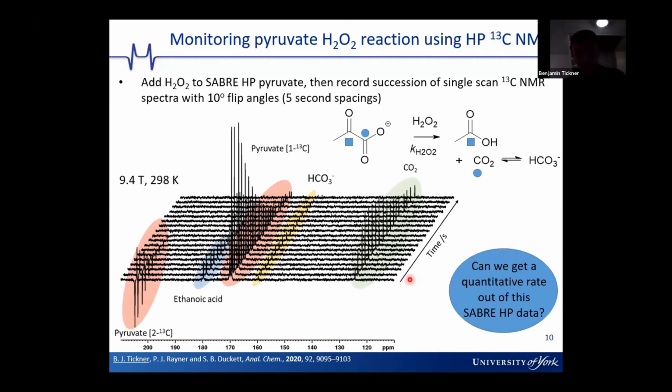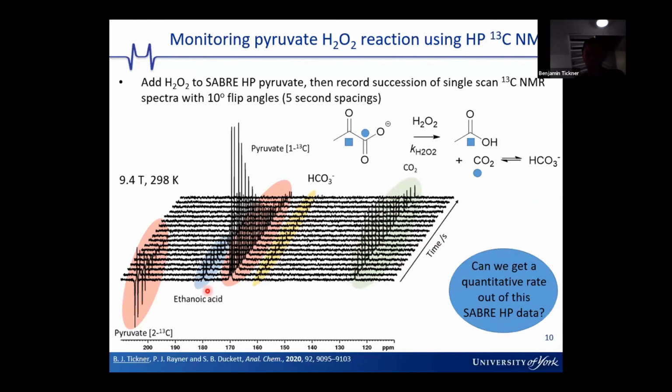Here we're recording a series of single scan carbon-13 NMR spectra with 10-degree flip angles, spaced at 5-second time intervals. You can see in these measurements, we're clearly able to detect the products of chemical change. You can see hyperpolarized peaks for the carbon dioxide, carbonate, and ethanoic acid products.